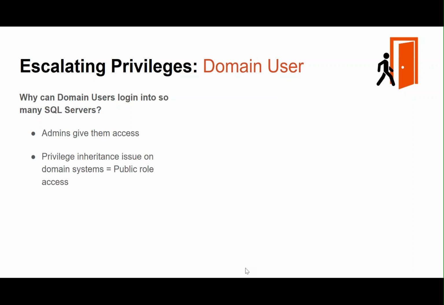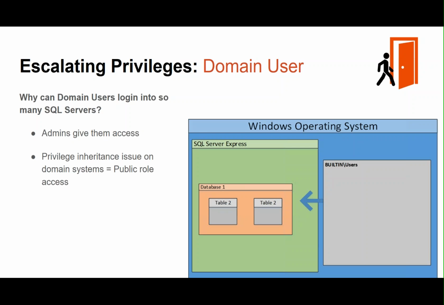The second is a privilege inheritance issue that exists with SQL Server Express that gives domain users the public role on the server. And kind of the way this works is when you install SQL Server, say on a domain system, Express by default won't have the listener open, but most people will open it for development to support their 2 to 3 tier applications. And by default, built-in users, the local built-in users, have the rights to log in, which doesn't seem like a big deal.